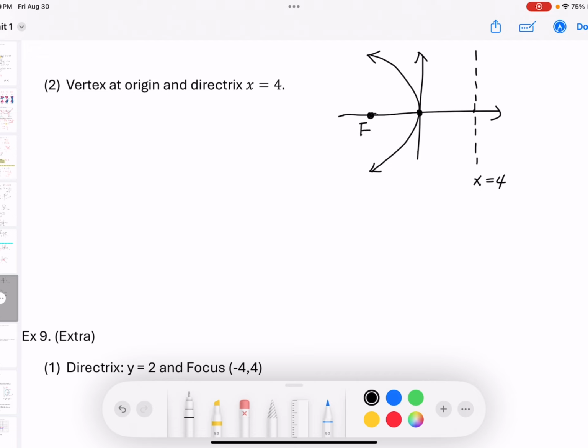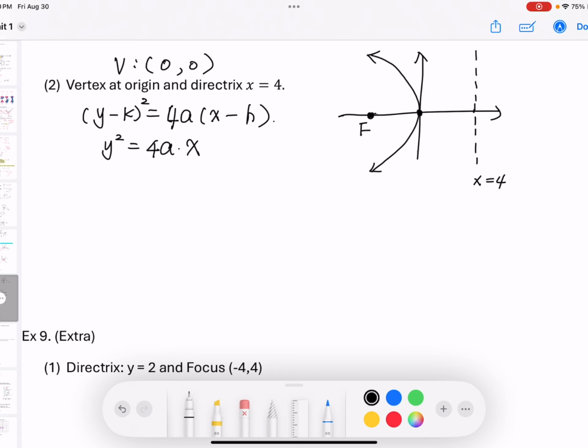This one must have the form (y minus k) squared is equal to 4a times (x minus h). The h and k are both 0 because I put the vertex here, 0, 0. So y squared is equal to 4a times x. What is the a?